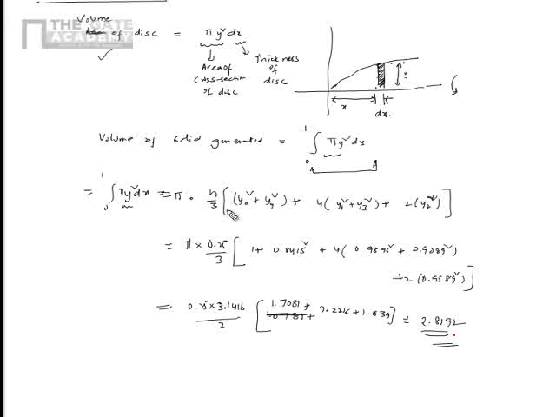So this is one of the applications of Simpson's one-third rule. Similarly, there are a lot of problems, and it boils down to applying this simple method. So the volume of the solid is approximately 2.8192 units cube.